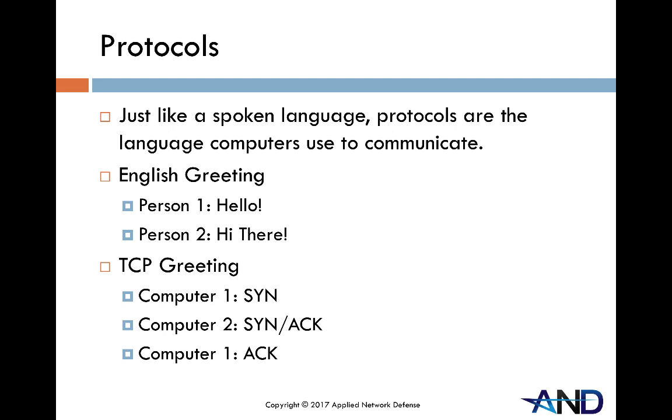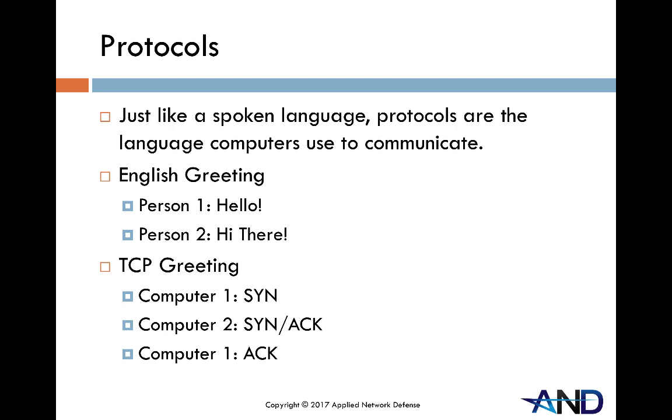So when we're talking protocols, remember, we're just talking about rules that computers can use to communicate. Those rules are defined by specifications, and we'll reference several of those specifications as we dig into more specific protocols. And then each vendor is responsible for making code that aligns to those specifications. The idea being, if you follow the specification, then you can talk to others who also follow the specification.